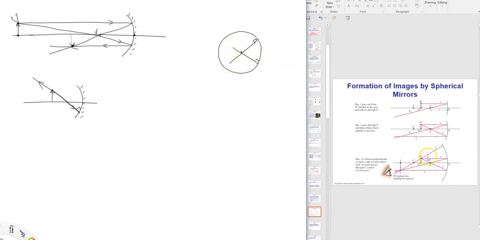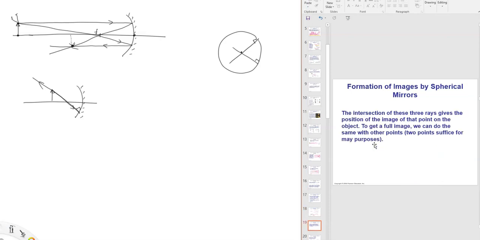So the light that appears like coming through C, number 3, will reflect along the same line. They all meet at the same spot. Here we have the image. Intersection of these 3 rays gives the position of the image.